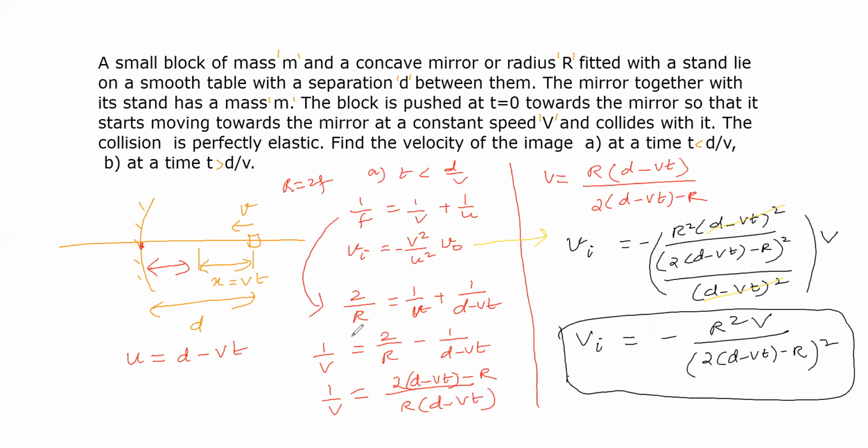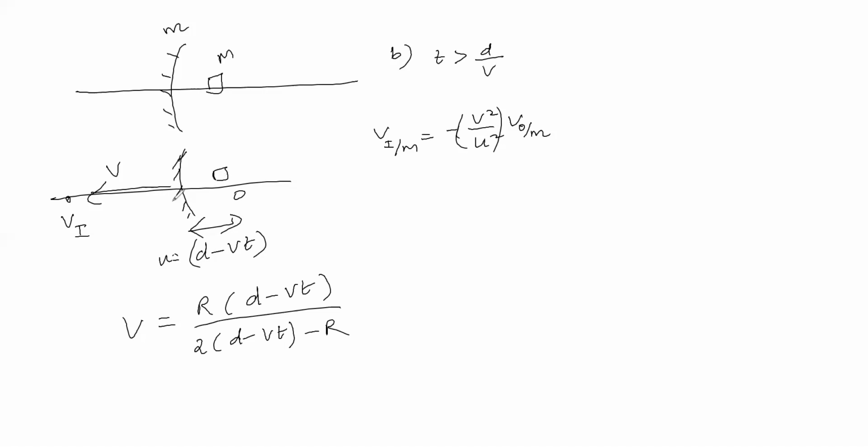When u is d minus vt, because here the mirror is moving, this distance we are getting as d minus vt. Actually here vt is greater than d, so we have to take u as vt minus d.